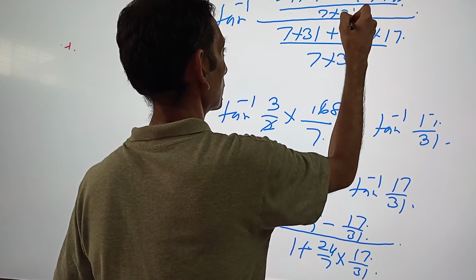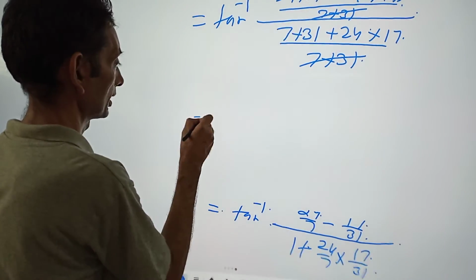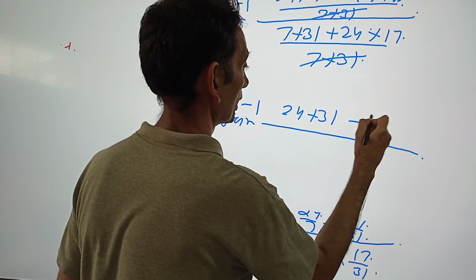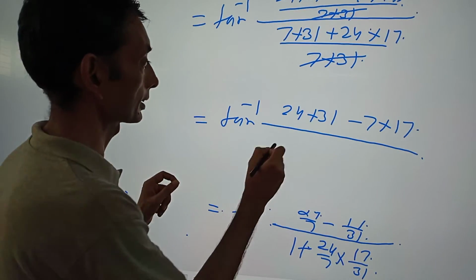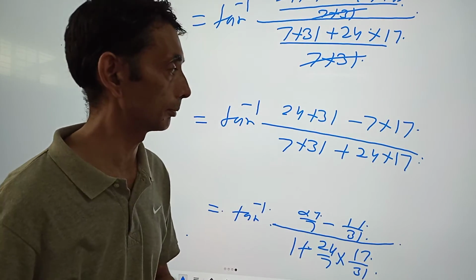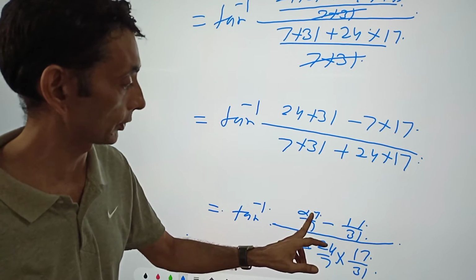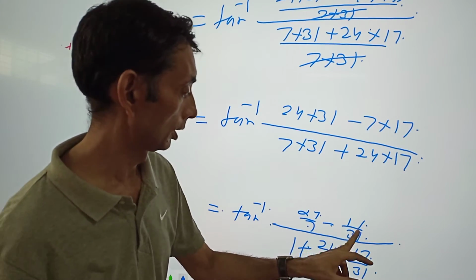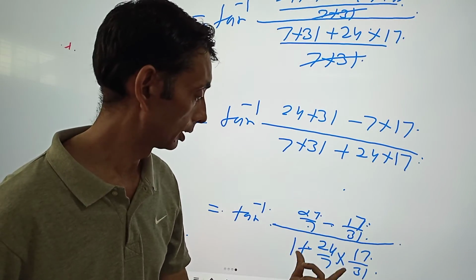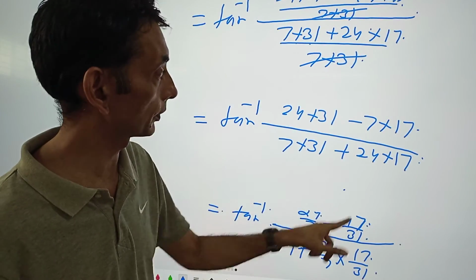So 7 into 31, this one you can cancel, and only 1-2 steps are left. That is tan inverse of 24 into 31 minus 7 into 17, over 7 into 31 plus 24 into 17. Only that we need to calculate. In the denominator also it's 7 into 31 plus 24 into 17.